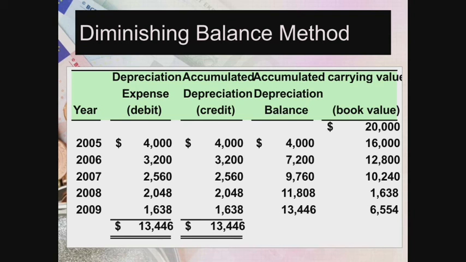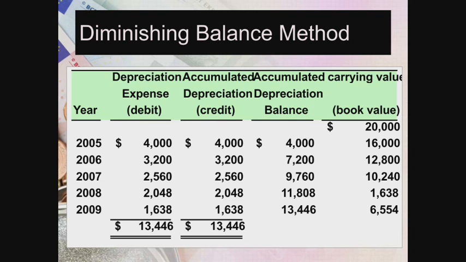Next year in 2007 you can see again we multiplied 12,800 with 20%. So we took 20% of 12,800, which gave us $2,560, and accumulated depreciation became $9,760. How is it calculated? 2,560 for this year and 7,200 for the last 2 years.